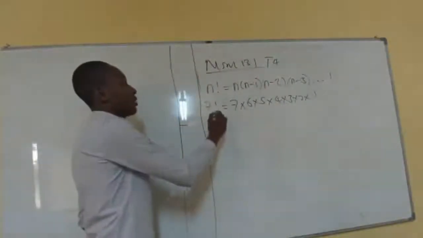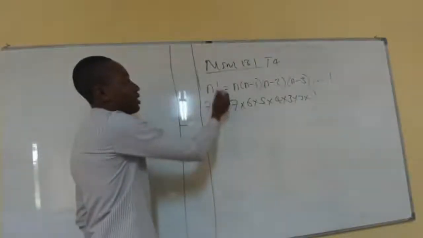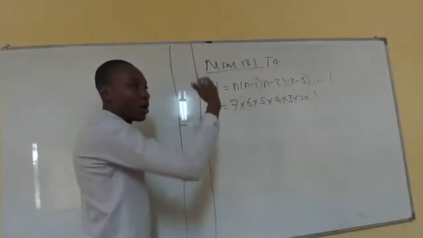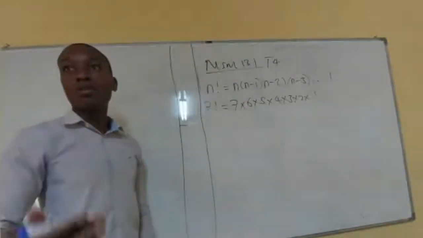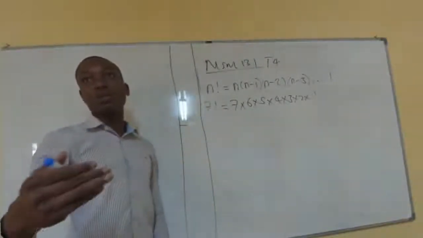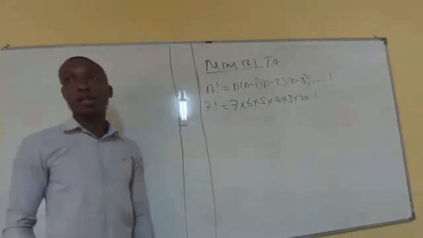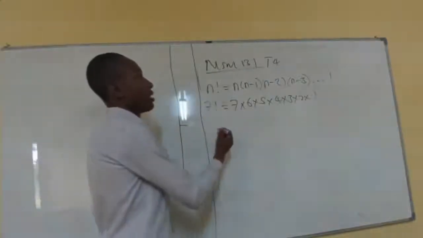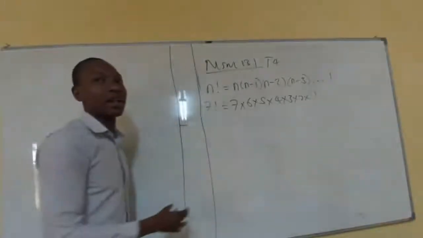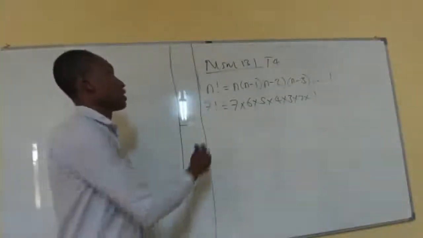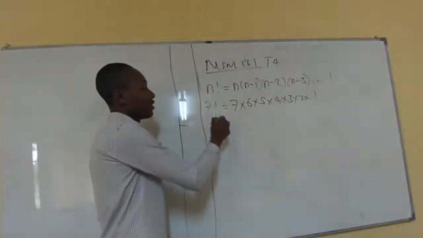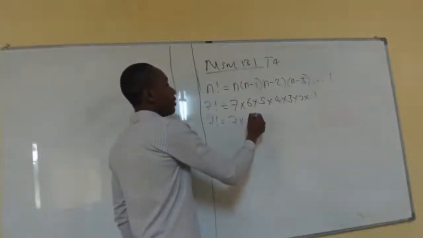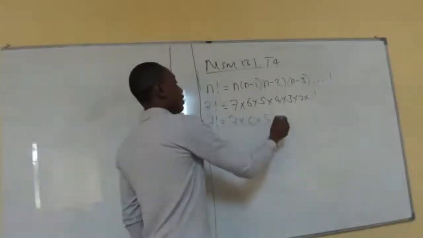Whenever you see the factorial, it's n multiplied by the one before it, multiplied by the one before that. We're subtracting a 1 each time. You can actually not always end at 1. For instance, this very 7 factorial can also be written as 7 times 6 times 5 factorial.